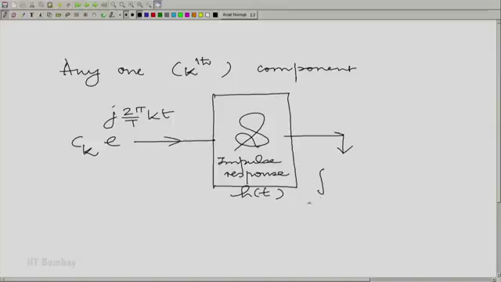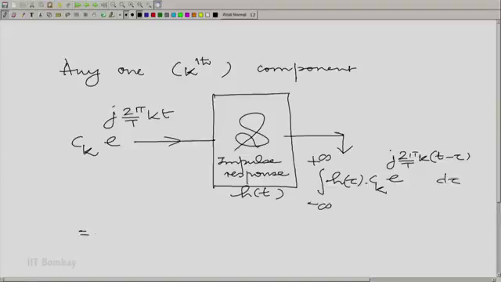It's the integral from minus to plus infinity. You could keep the h(t) as it is, so make that h(lambda) or h(tau) as you desire, and write c_k e^(j 2π/T · k(t − τ)) dτ.